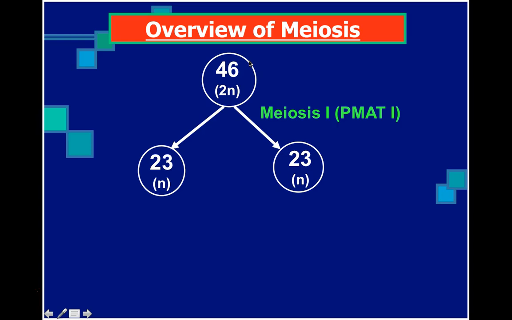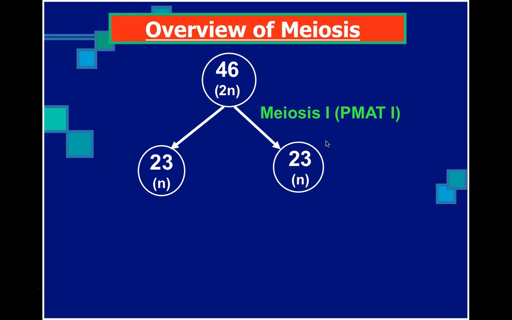Now, the difference from mitosis to meiosis is that during the S phase of this cell, the 46 was temporarily duplicated to 92 in order for it to be split to get identical 46 and 46. And that's how the identical cell was created.